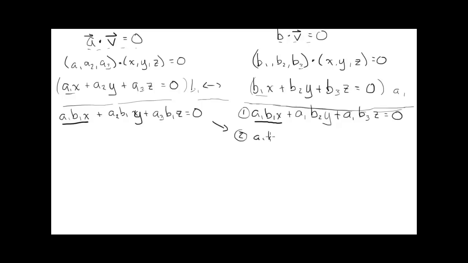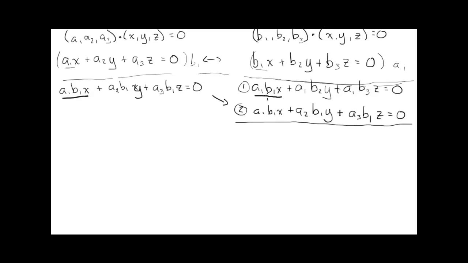So A1 B1X plus A2 B1Y plus A3 B1Z equals 0. Now I'm just going to, just like elimination, subtract vertically.